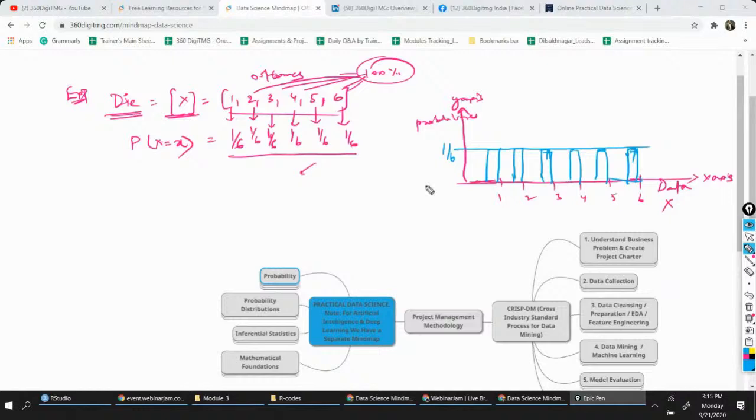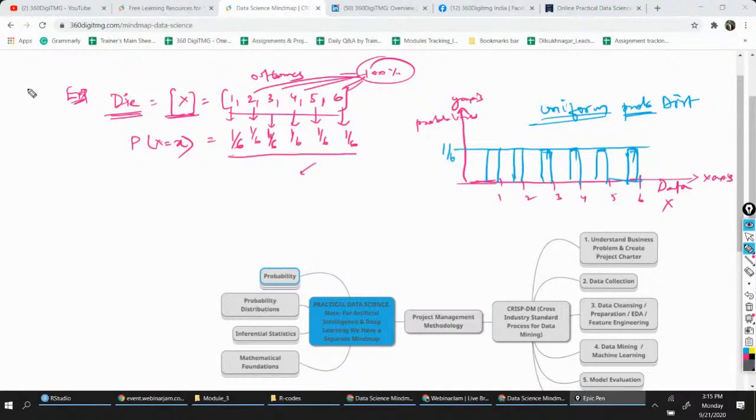The probability of each and every possible outcome here is uniform. The chance is uniformly distributed. So we call this uniform probability distribution. You're distributing the probability among the possible outcomes, right? How are you distributing it? Uniformly. So this is called uniform probability distribution. This is one example.